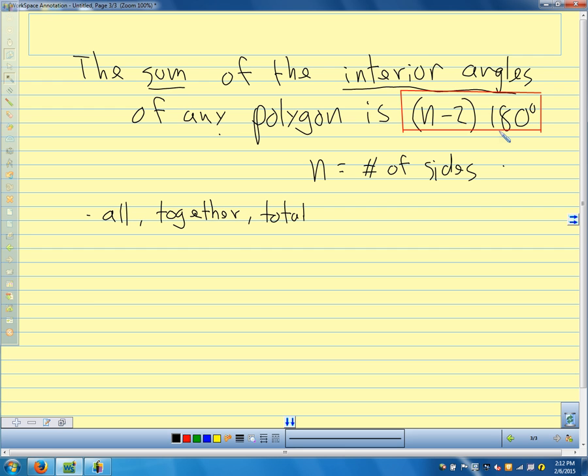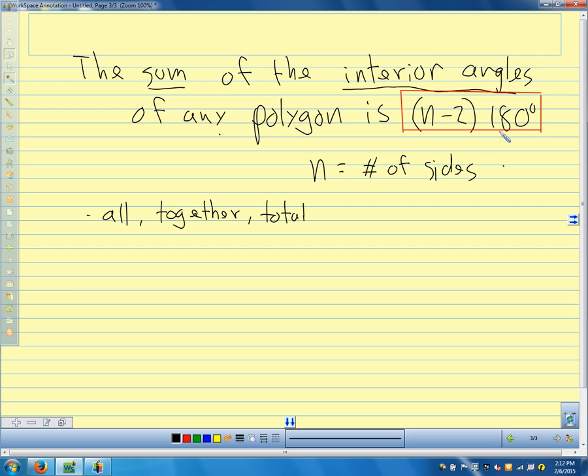How would we figure out what one of them was? Divide by the number of sides, right? Perfect. So for an equilateral triangle, we know that all the angles add up to 180. They all have to be the same. We divide by 3. All 3 of them have to be the same, and we get that they're 60.